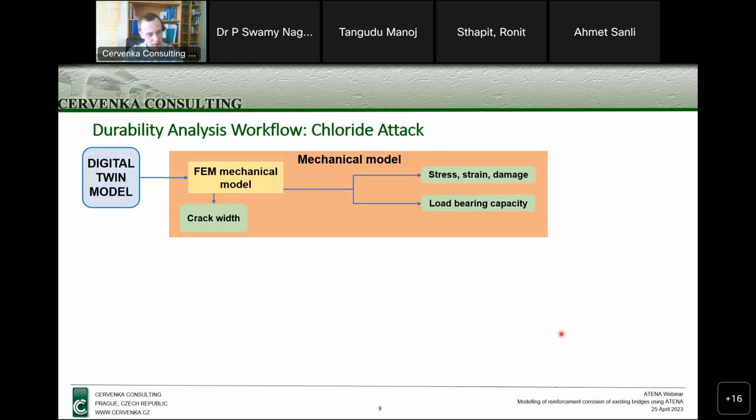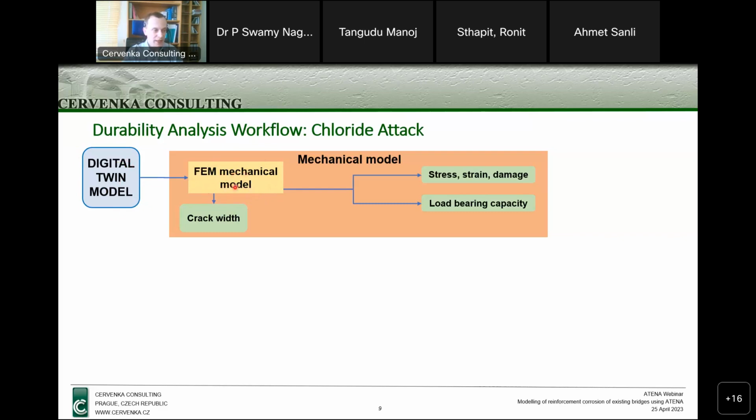So this will be the brief overview of the approach used in ATENA. If we want to develop a digital twin for assessing the durability and long-term structural performance of a bridge, we basically start with a similar model as for the static behavior.